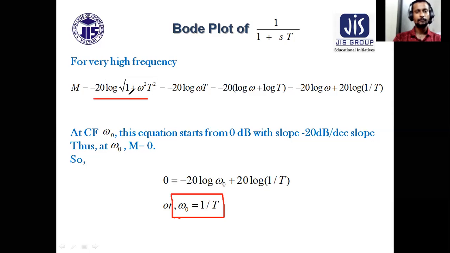This is the equation for magnitude in decibel. This varies with frequency. Now, for very high frequency, 1 could be neglected compared to omega square t square. So this equation would be reduced to minus 20 log omega t, which equals minus 20 log omega t, which could be written as minus 20 log omega plus 20 log 1 by T. Clear?